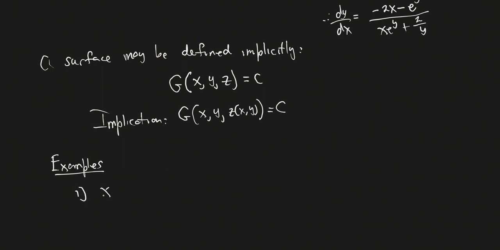Let's say we have x cubed z squared minus 5 x y to the fifth z is equal to x squared plus y cubed, right?